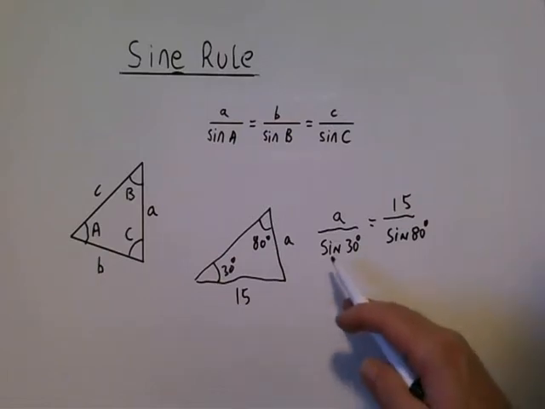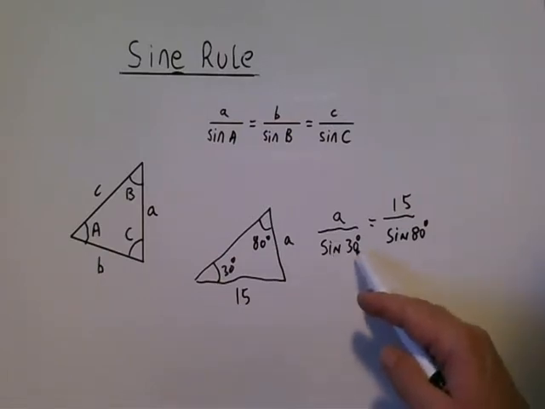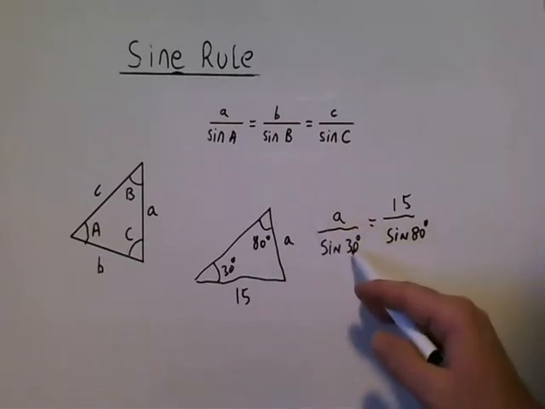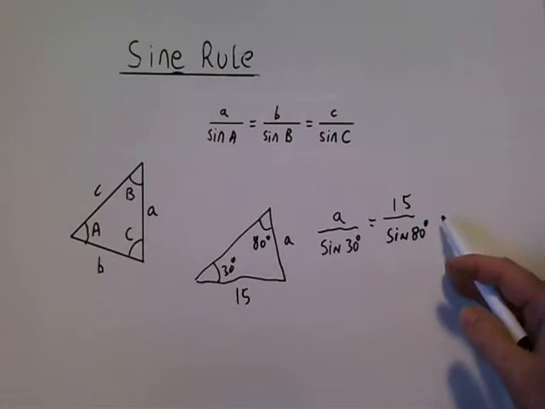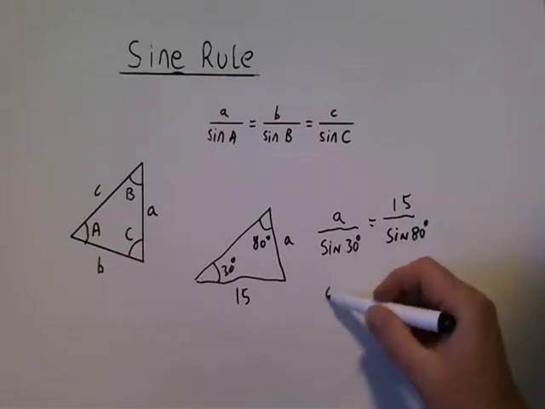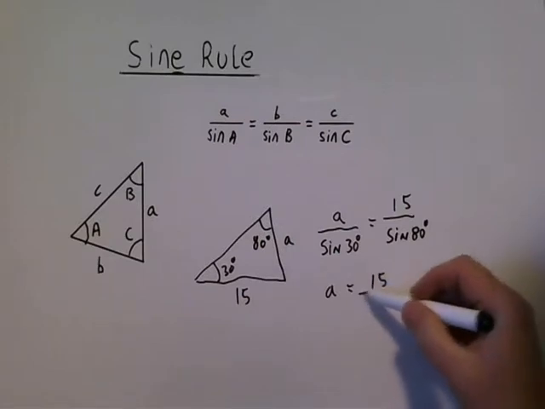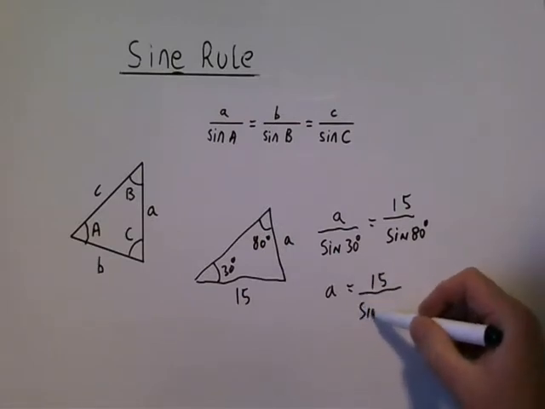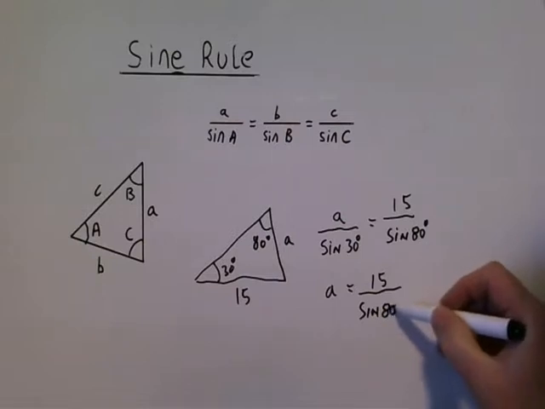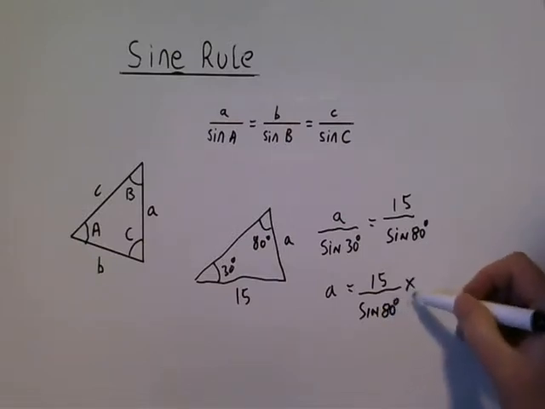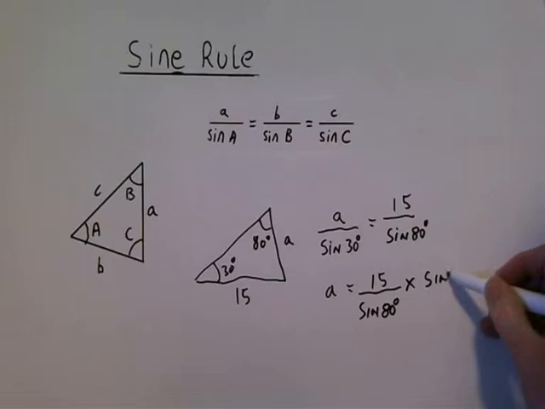Now if we multiply both sides by sine 30 degrees, that would disappear from this side, it would cancel out, but what we do to one side we must do to the other. So that becomes a equals 15 divided by sine 80 degrees times by sine 30 degrees.